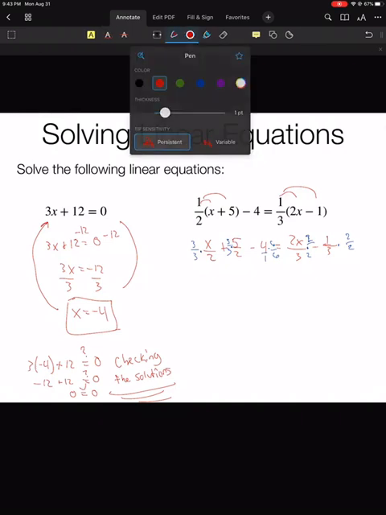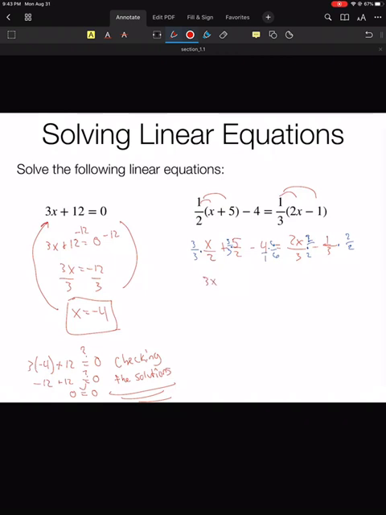So when I do all that arithmetic, I get 3x over 6, that's the first expression, plus 15 over 6, that's the second part, that's 5/2 times 3 over 3, minus 24 over 6, that's from the minus 4 part, equals 4x over 6, which comes from that first expression on the right side, minus 2 over 6. Okay, so now I have everything over 6.